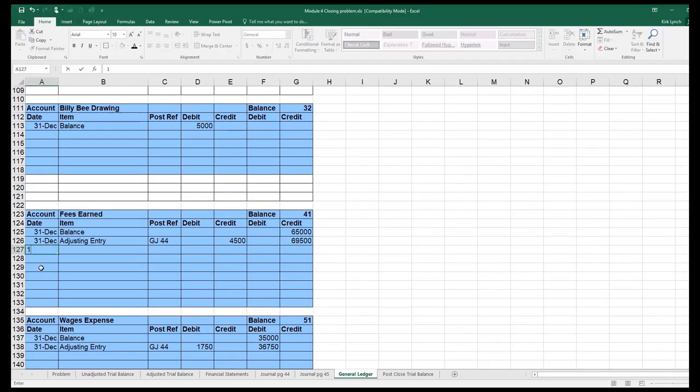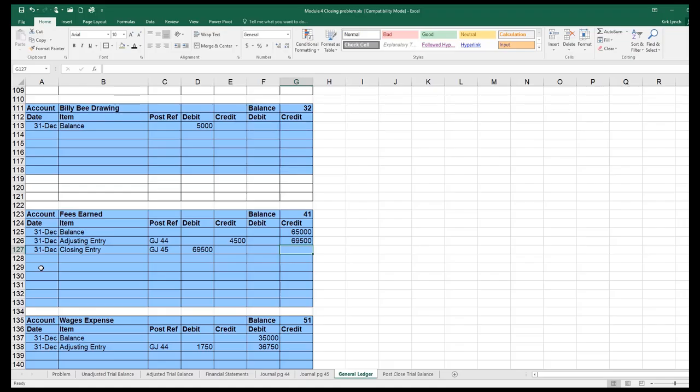And so on 12/31, we're going to do a closing entry. And it came from our general journal, page 45, and it's a debit for $69,500, which makes the balance of the account 0.